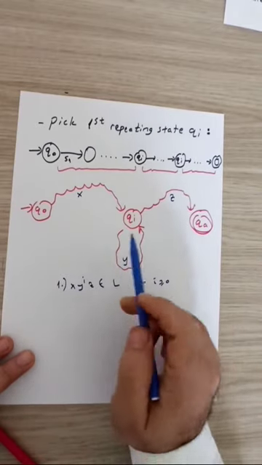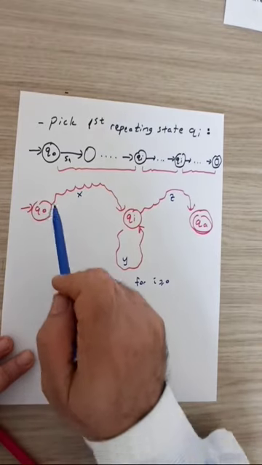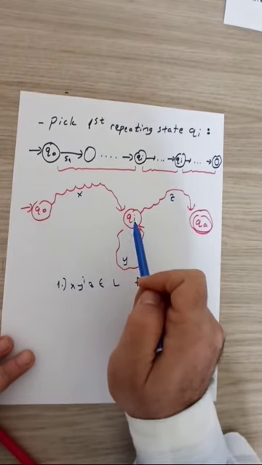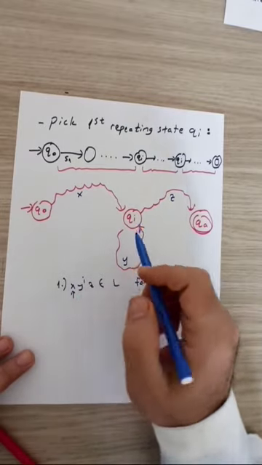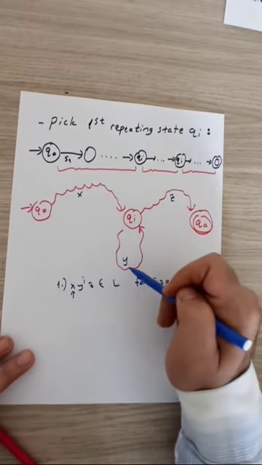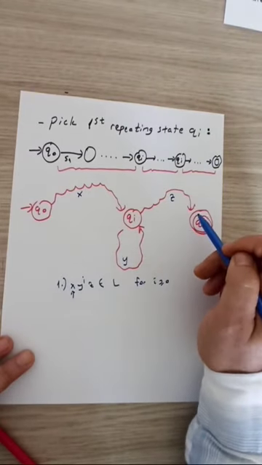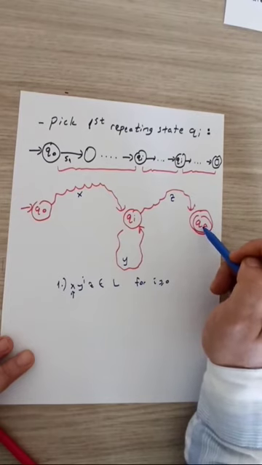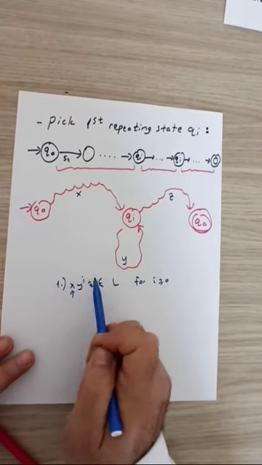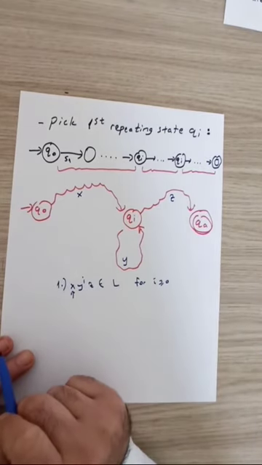By looking at this figure, we should be able to see that this is true, because once we arrive from q0 to qi by consuming this substring x, we can repeat this y loop as many times as we want and then consume the part of the substring corresponding to z and arrive at an accept state. So any such string will be in the language because any such string is accepted by the machine.